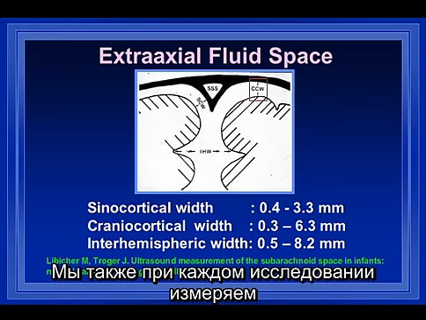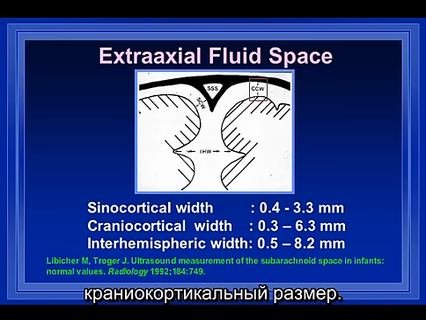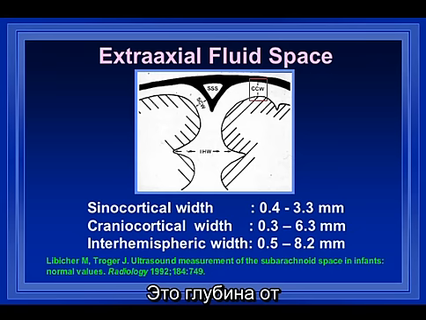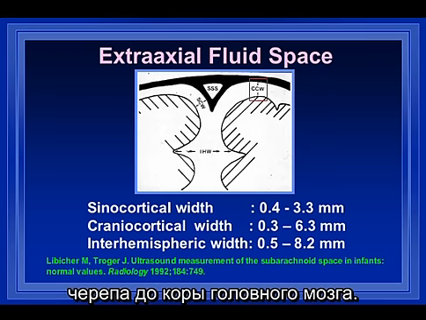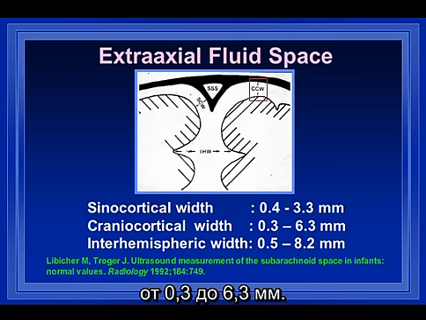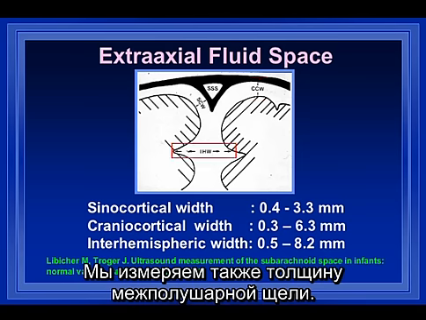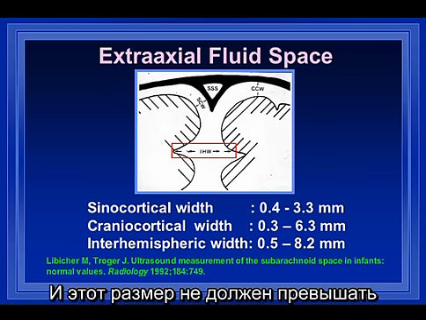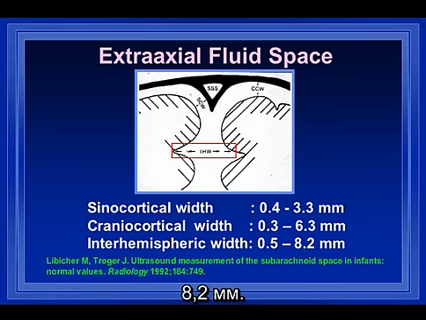We also routinely measure the craniocortical width. This is the depth from the cranium to the cortex, and this should not measure more than 0.3 to 6.3 millimeters. We measure the interhemispheric fissure, and this should not measure more than 8.2 millimeters.